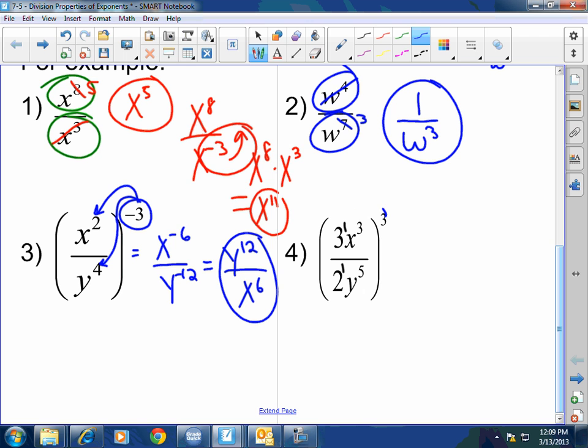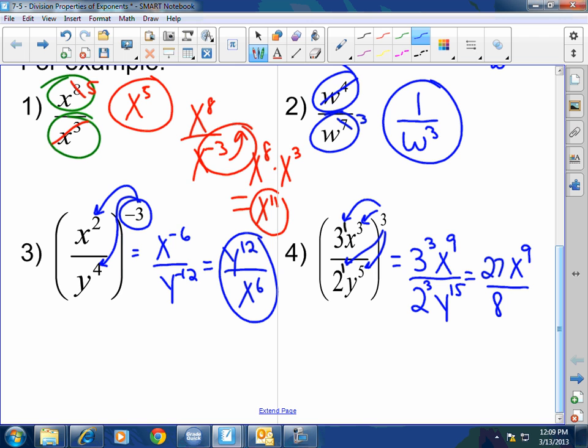So 3 gets distributed to the exponent of 1, to the exponent of 3, to the exponent of 1, to the exponent of 5. So this is going to equal 3 cubed x to the 9th over 2 cubed y to the 15th, which equals 27 x to the 9th over 8 y to the 15th.